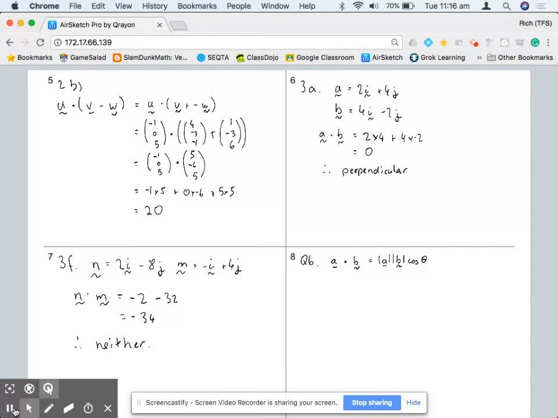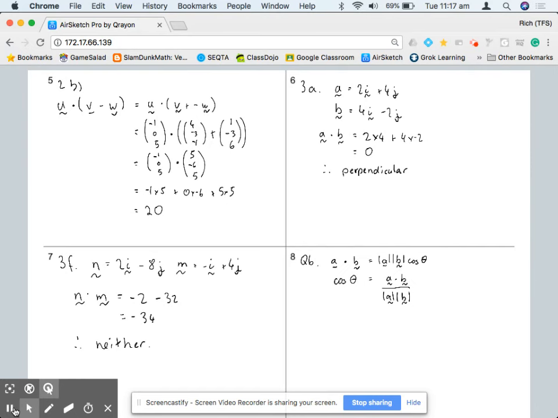The formula sheet you receive in the exam has this notation, but it also has this notation where we make cos theta the subject of the equation. So if I divide both sides by the magnitude of a times the magnitude of b, we get cos theta on the left-hand side, and the dot product divided by the magnitude of a vector times the magnitude of b vector. We're just rearranging our equation with cos theta on the left.